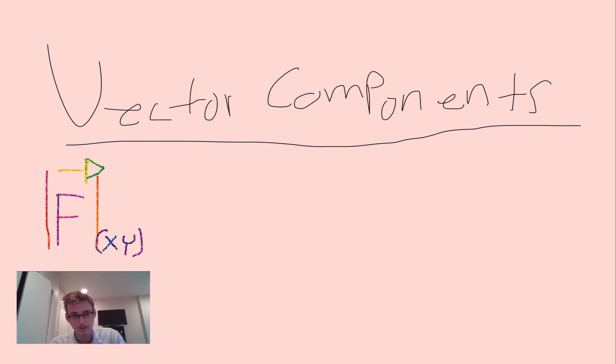So here's the y component of f, fy, and here's our x component of f. This is fx. So this is f. And so let me erase our title up here.